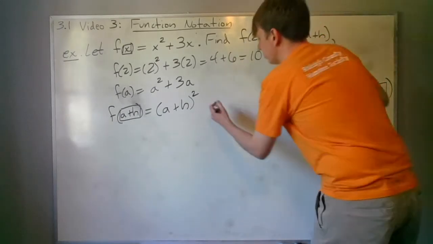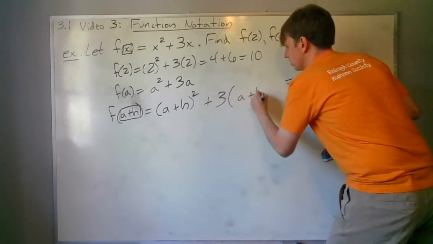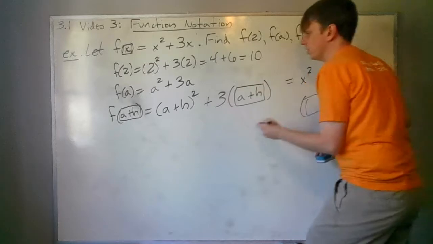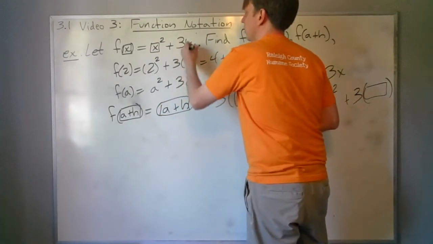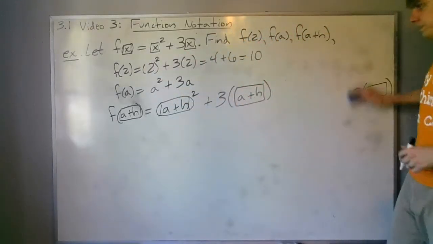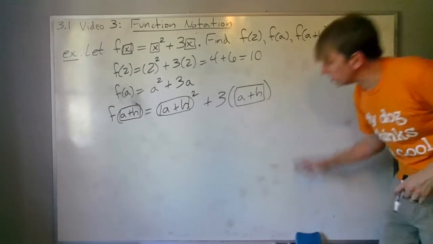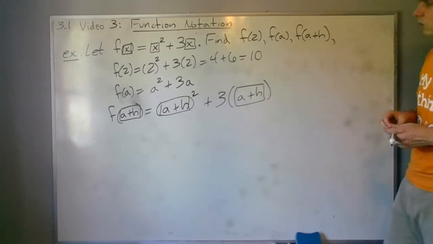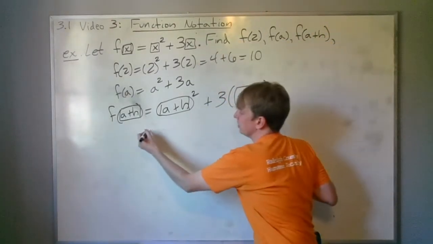And then finally, plus 3 times (a plus h). Again, that's playing the role of the x in the original formula. So each of the x's has to be replaced with a plus h. I think I can do something to simplify this, so I'm not going to leave it quite like that. Because this is (a plus h) squared, which is (a plus h) times itself.